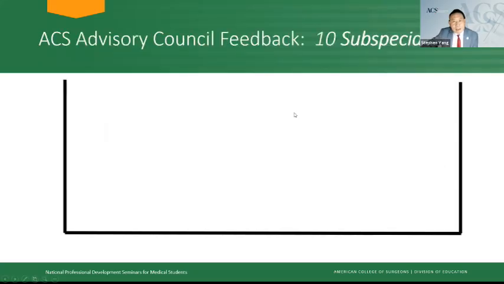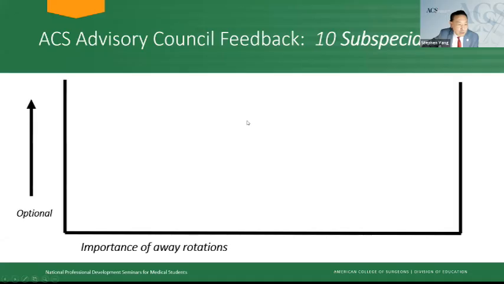Now I'm going to start with subspecialty. What we did is we queried our 10 advisory subspecialty councils just to see what they thought about these sub-Is and rotations away, and to look at the importance of away rotations for these subspecialties.